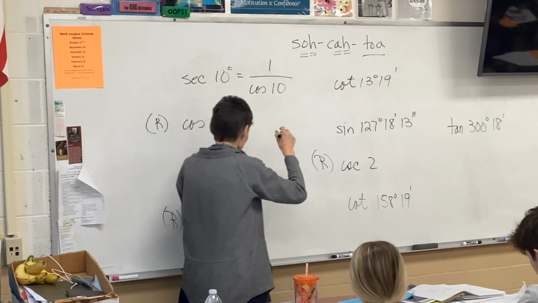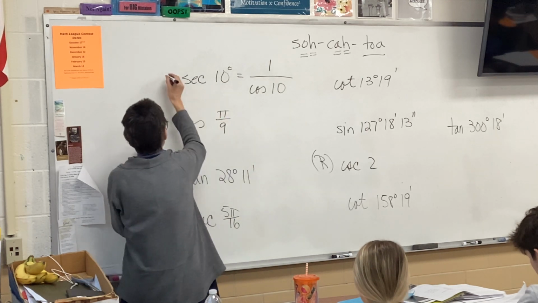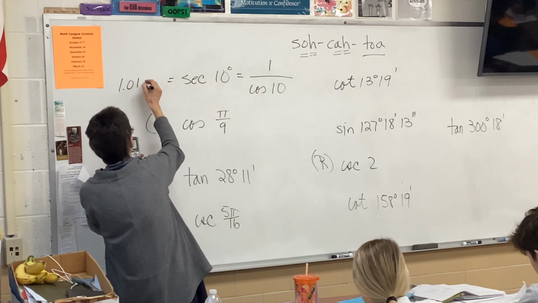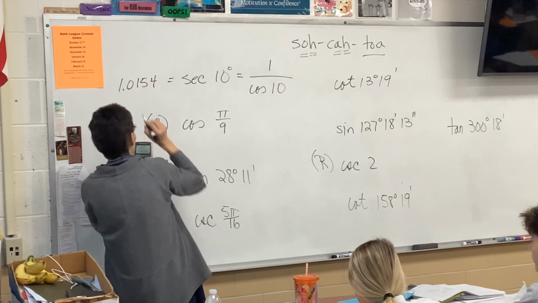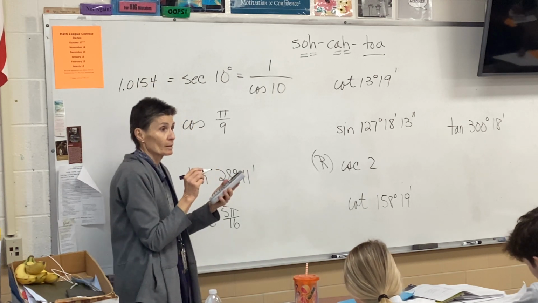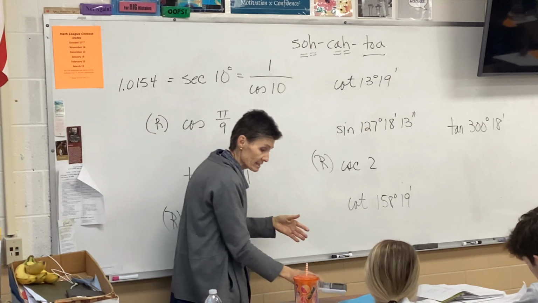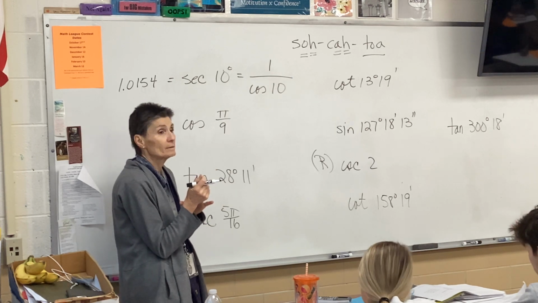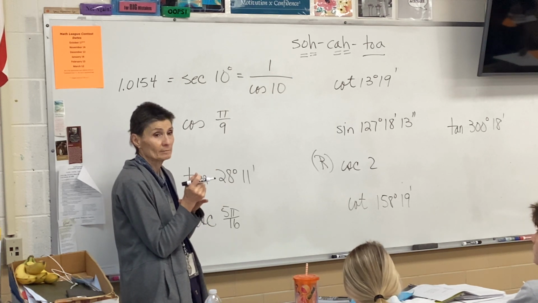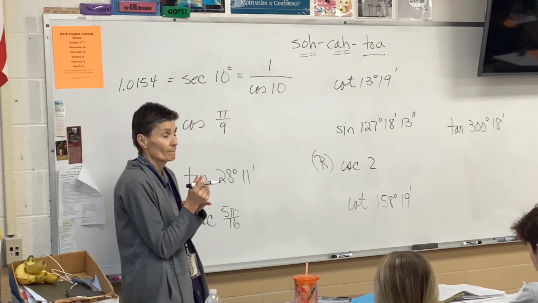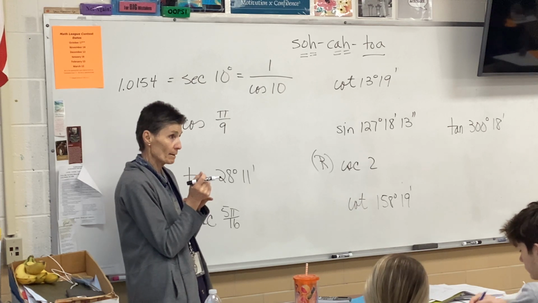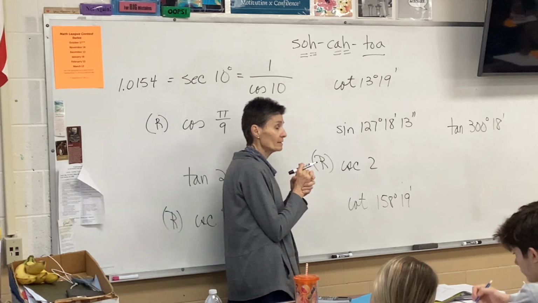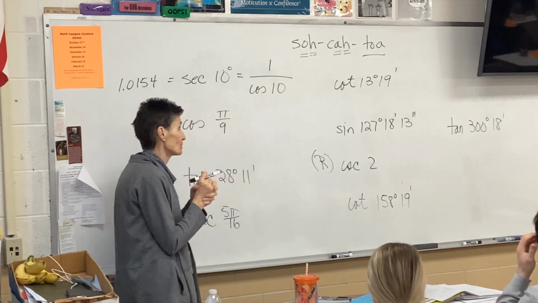And you should get, it doesn't tell me how to round, you should get 1.0154. Is that what you got? How do we put a secant into our calculator? 1 divided by cosine. You've got to memorize your orange sheet, because you've got to memorize that secant is the reciprocal of cosine.